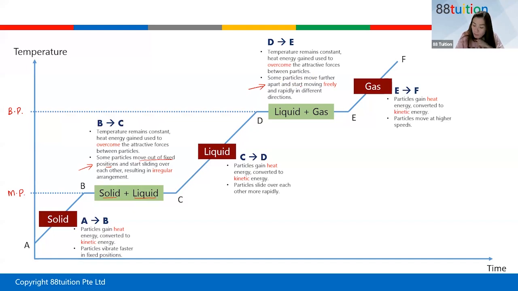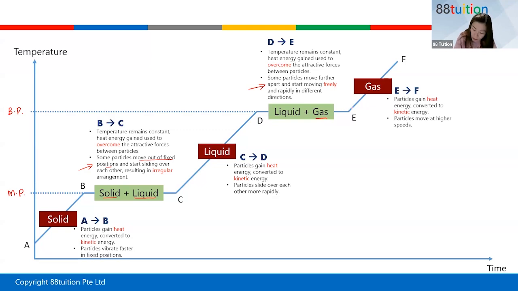Eventually they will start to move freely and rapidly in different directions, and that is where we get our gas forming. So throughout this whole section DE, we have liquid plus gas existing together during boiling.